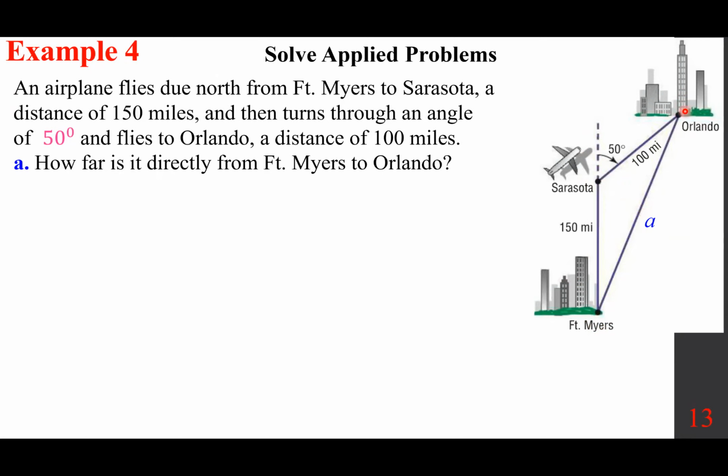So if we call this side A, we can try to find this side, and we need, of course, this angle to find it. As you can see, this is given as 50 degrees. This is 180 degrees. And if we call this A, we can find it as 180 minus 50. So let's find side A. Given capital A is 130 degrees.